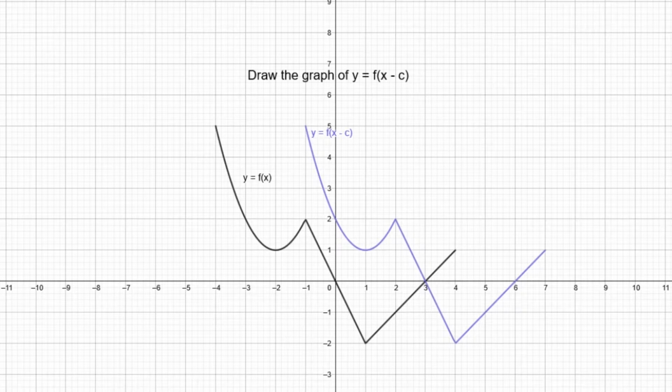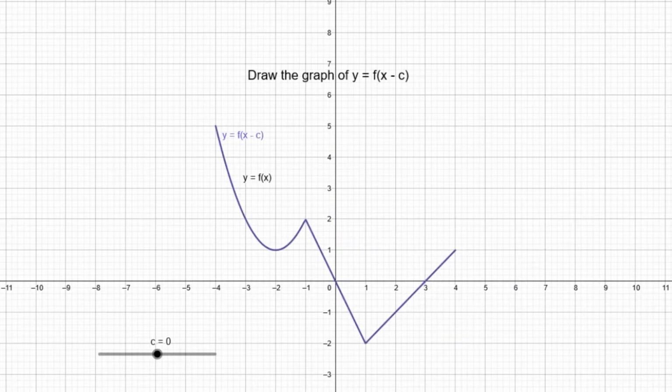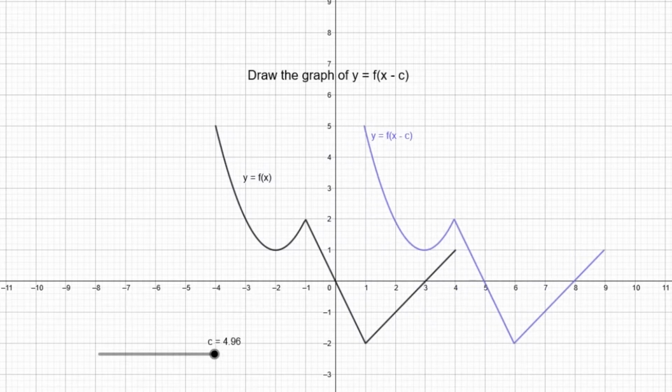And we have the ability to actually change the value of c. Let's put it back to 0. So in that case, the two curves will coincide. And let's see what happens as we increase c from 0, say, to 5. Well, as c increases, the curve does indeed move c places to the right.